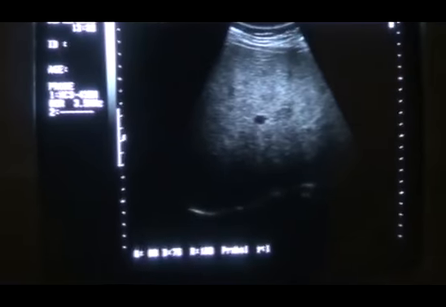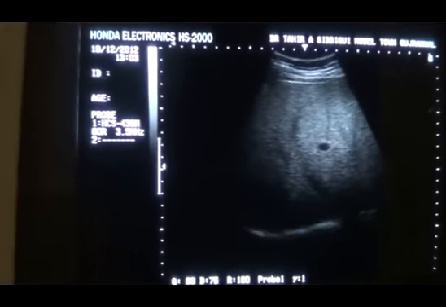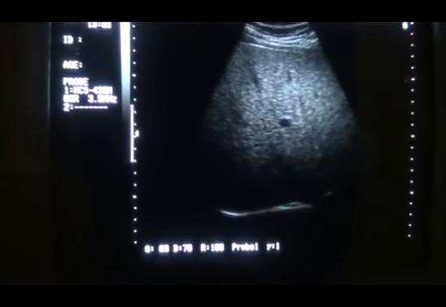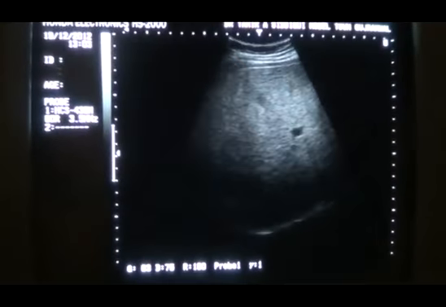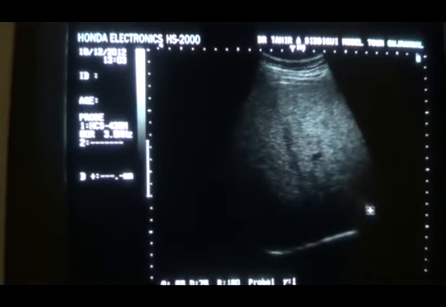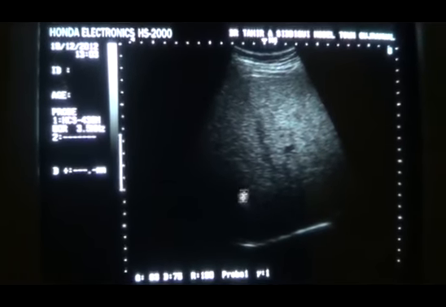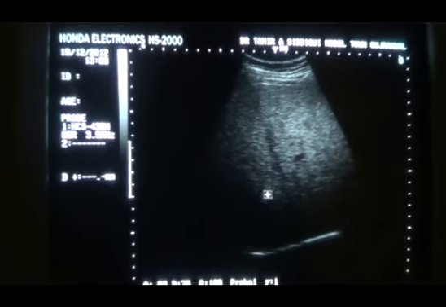This is a video study of level 1 fatty liver. As number 1, you can see that the parenchyma of the liver shows diffuse increased parenchymal echogenicity without any coarseness.